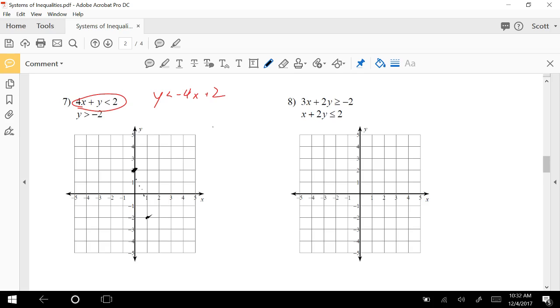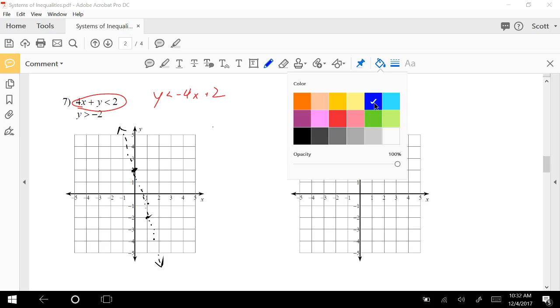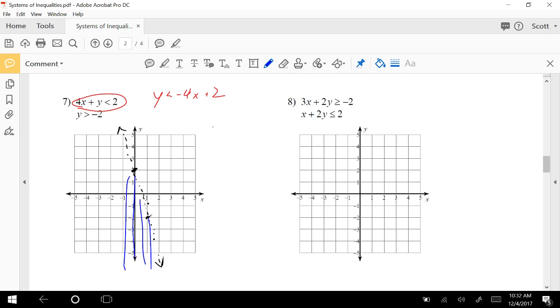That's going to be a dashed line. And y is going to be less than that, so that would be below the line. All that area below it.